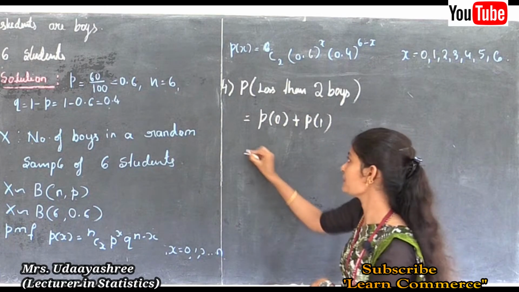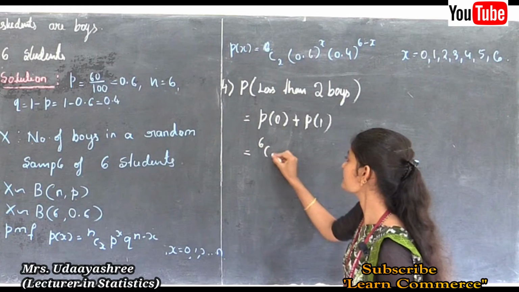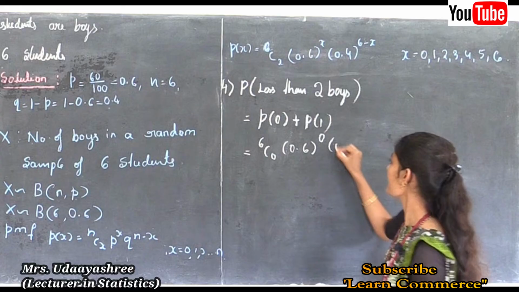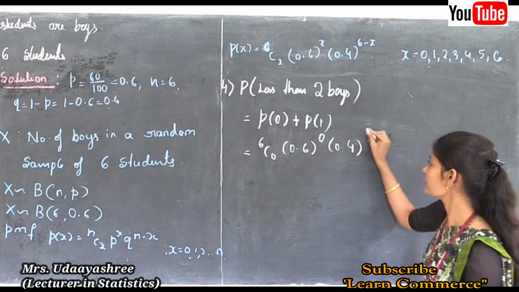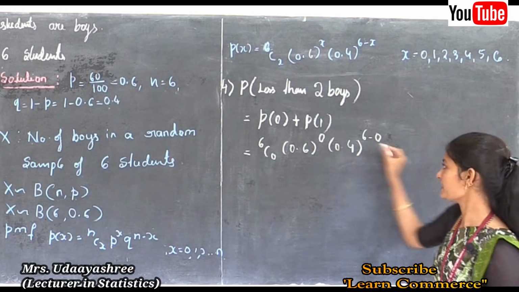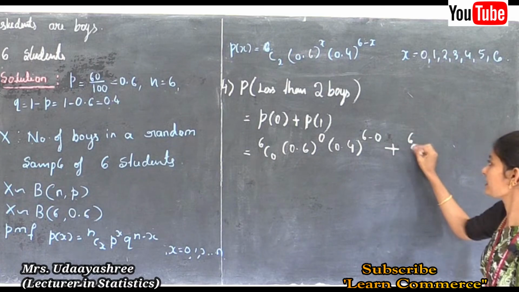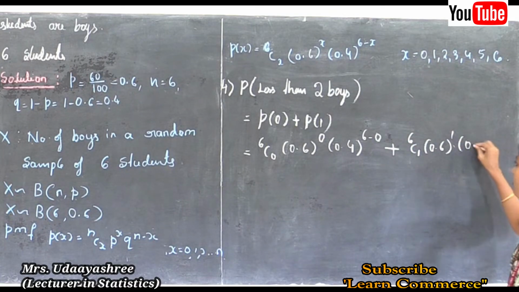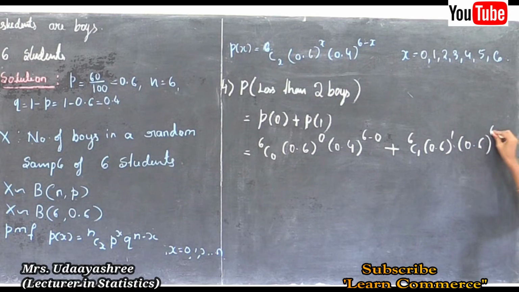Okay, this is equal to 6C0, 0.6 to the power 0 and 0.4 to the power 6 minus 0 plus 6C1, 0.6 to the power 1, 0.4 to the power 6 minus 1.